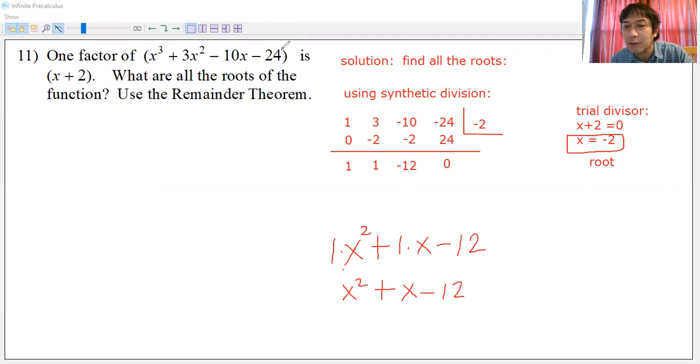And we can get the roots by factoring. Okay, x squared plus x minus 12, we can get the factors and equate them to 0.